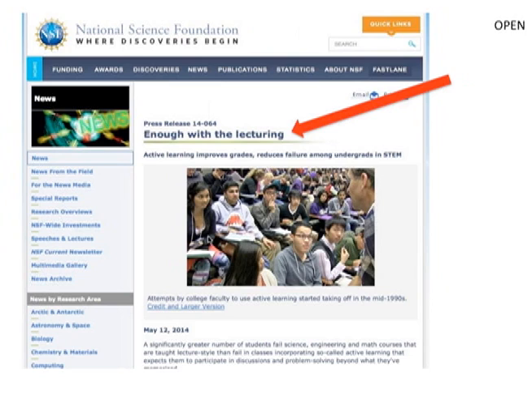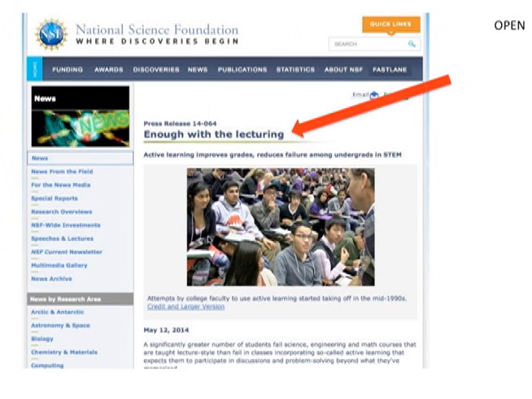So, ironically, this May, NSF released a nice press release about a meta-analysis that was conducted by Freeman et al., taking a look at the role of several instructional strategies in undergraduate STEM classrooms.